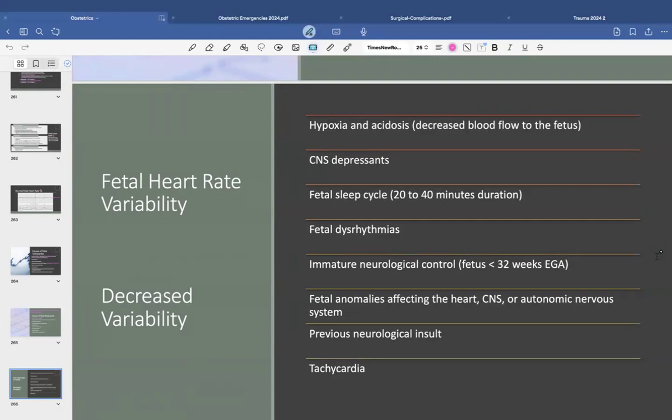So let's look at accelerations. You can't really see the numbers because they're blurred, but you can tell that your baseline is here. That's your baseline, and then you can see those accelerations.